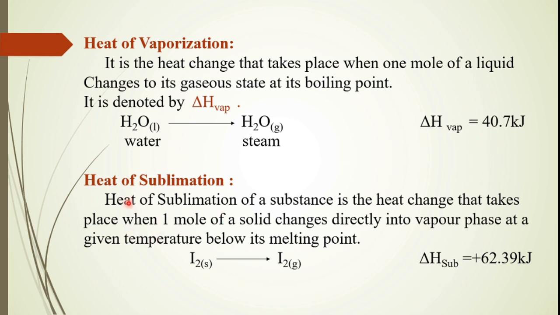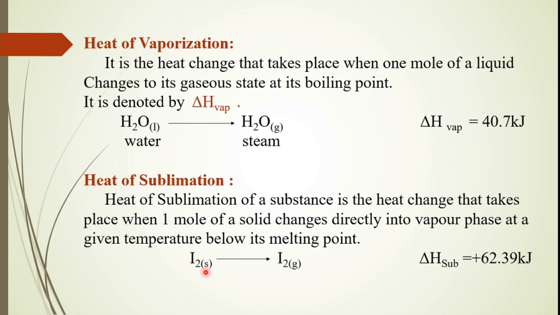The next is heat of sublimation. Heat of sublimation of a substance is the heat change that takes place when 1 mole of a solid changes directly into vapor phase at a given temperature below its melting point. So first of all, you must know what the sublimation process is.